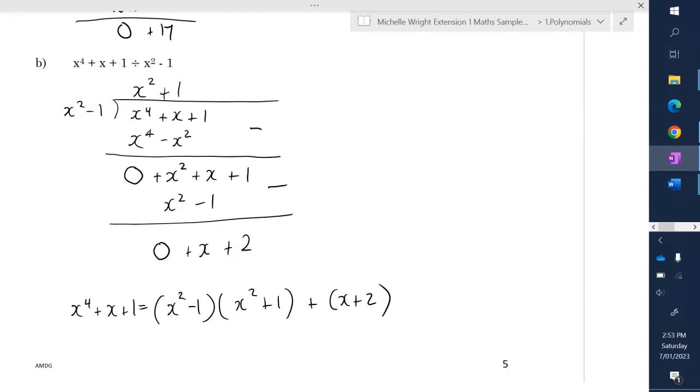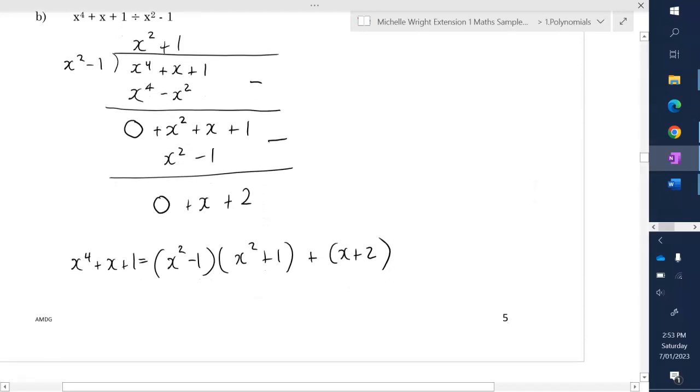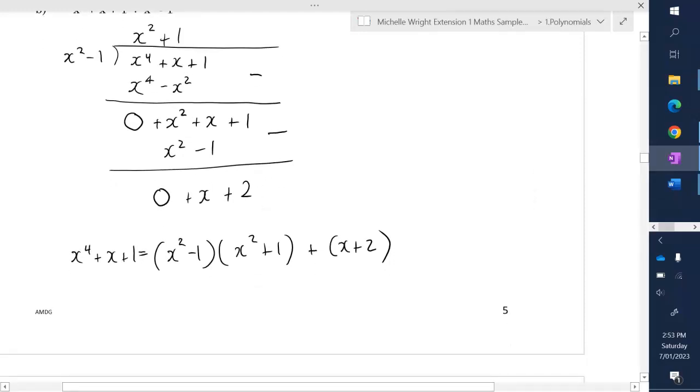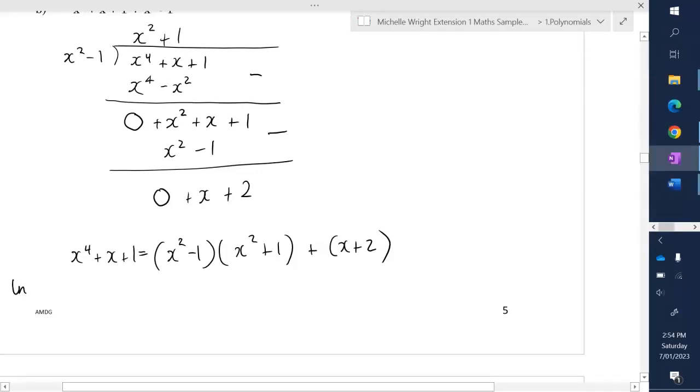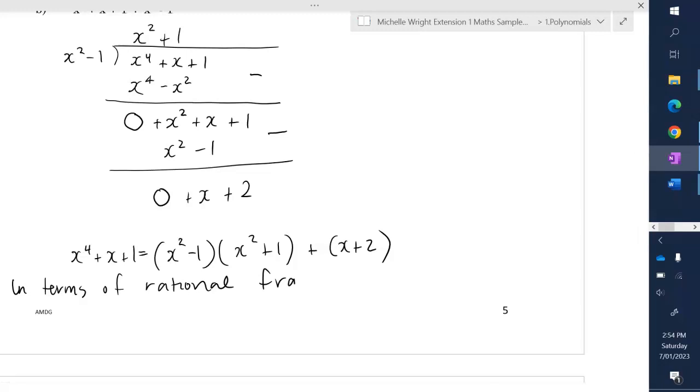Another way we can think of writing it is slightly different, in terms of rational fractions. Same thing, just another way of thinking of it, is what I could write it as is x to the 4th plus x plus 1 divided by x squared minus 1, which is what we've done.